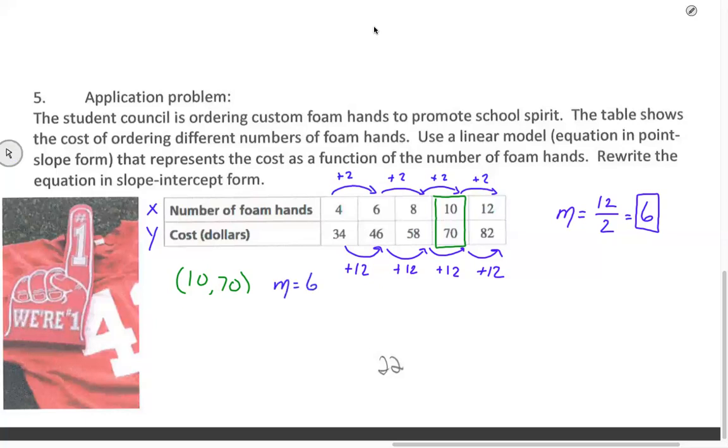And it says, use the linear model, the equation in point slope form, to convert it to slope intercept form. So now I'm going to label this x1, y1. I'm just going to plug it in. So I got y minus 70 equals 6 times x minus 10.